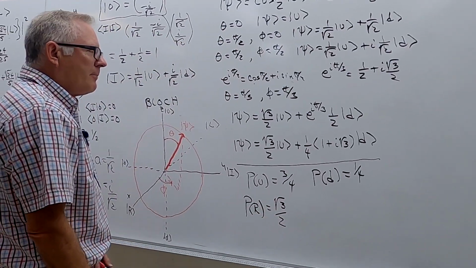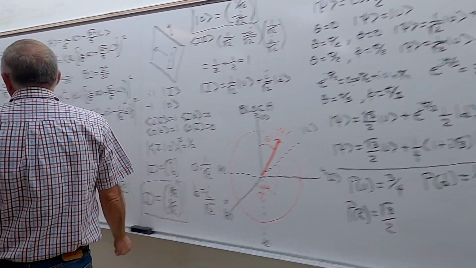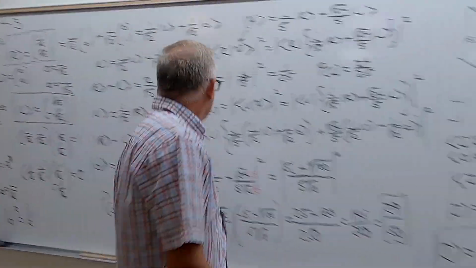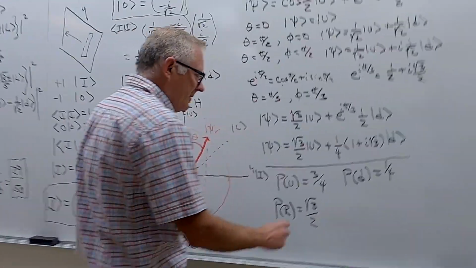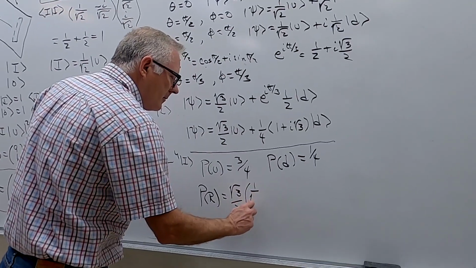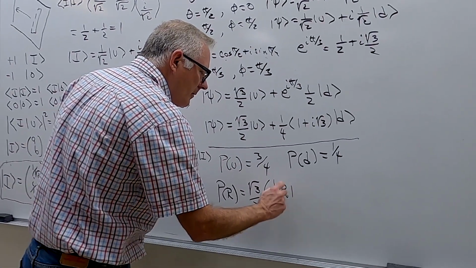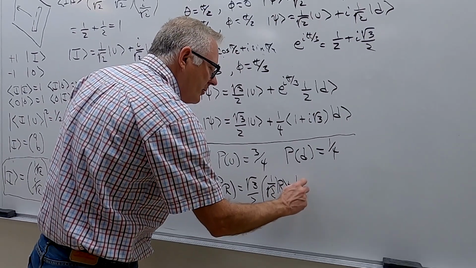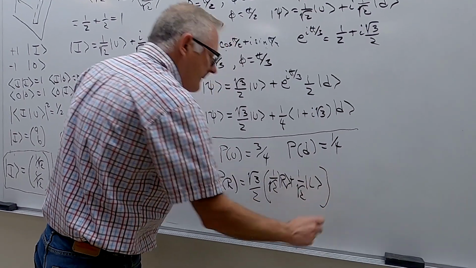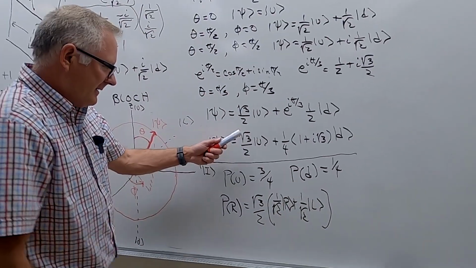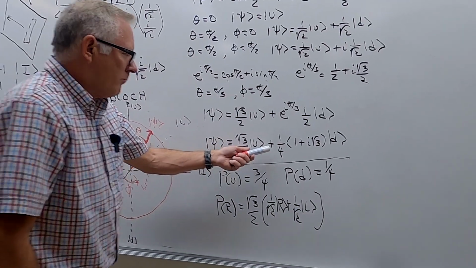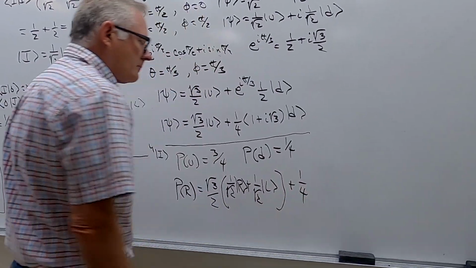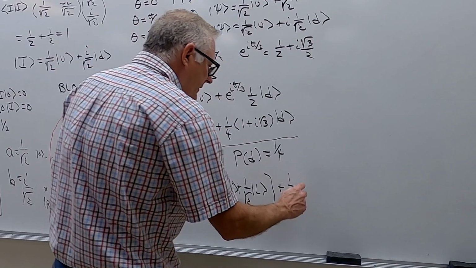And I turn my ups into rights and lefts, which is right there: 1 over the square root of 2 right plus 1 over the square root of 2 left, plus 1/4, 1 plus i square root of 3.